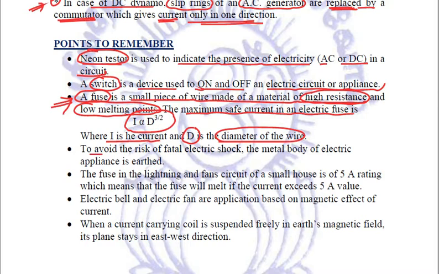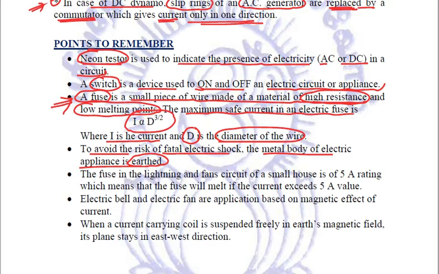Now, to avoid the risk of fatal electric shock, we know that the metal body of electrical appliances is earthed. There are certain electrical appliances which have metallic bodies. So, if there is any loose connectivity or because of any reason the current is leaked, then this current will pass through the whole appliance because it is made up of metal, and we know that metals are good conductors of electricity.